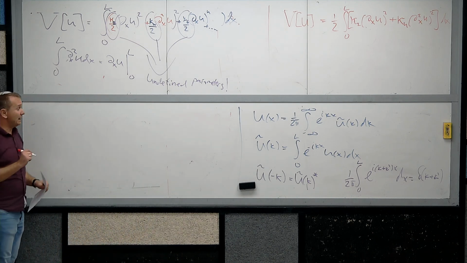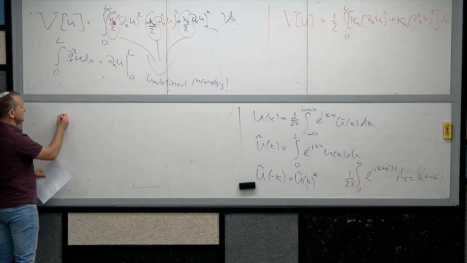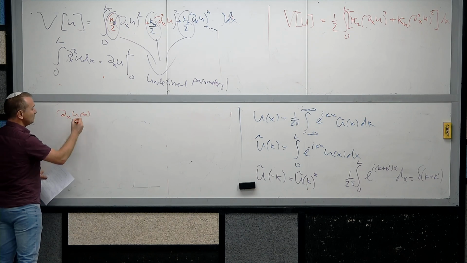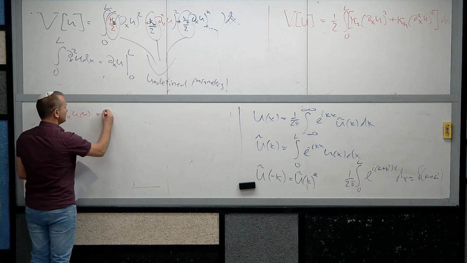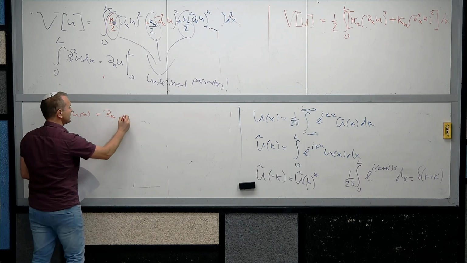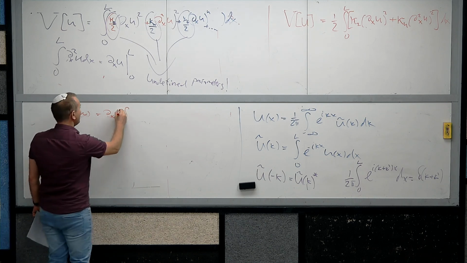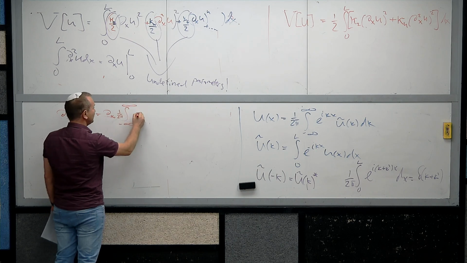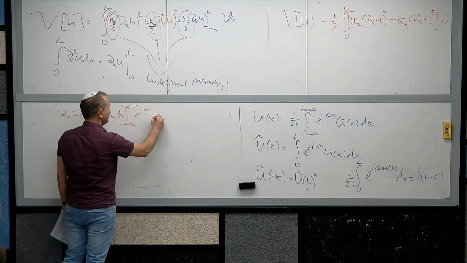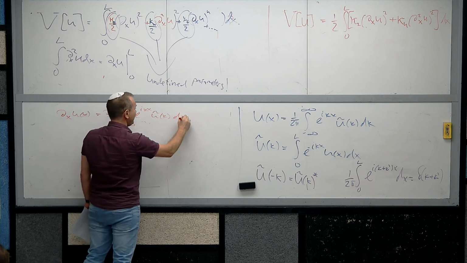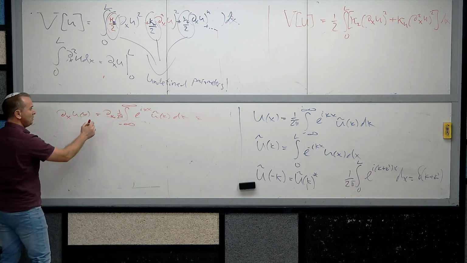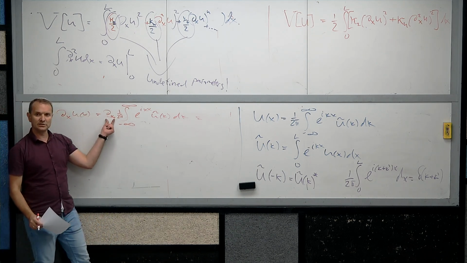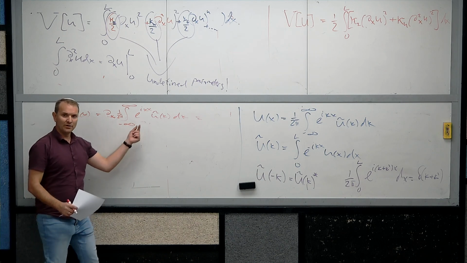And another important step is the derivative d/dx of u of x. We use the following thing: d/dx of an integral of 1 over 2 pi, from minus infinity to infinity, e to the power i k x u tilde of k dk. We assume that this integral is converging, so we can take this derivative and plug it inside the Fourier transform.